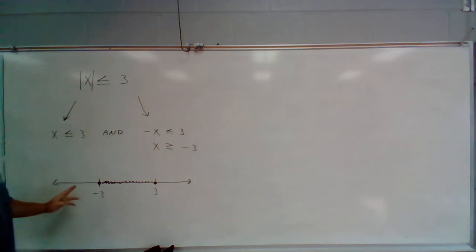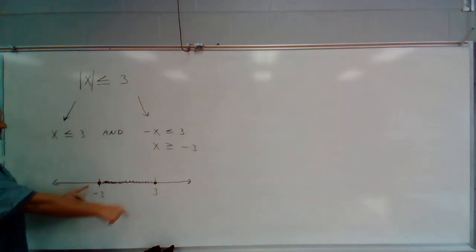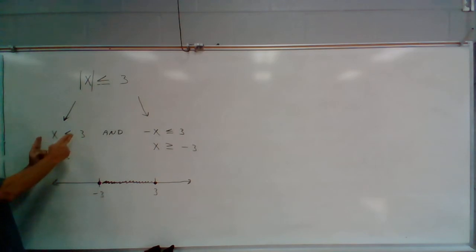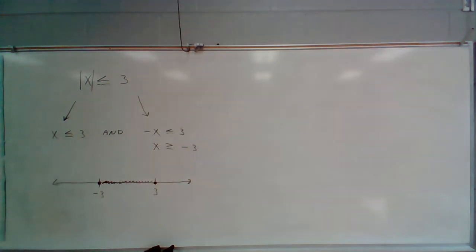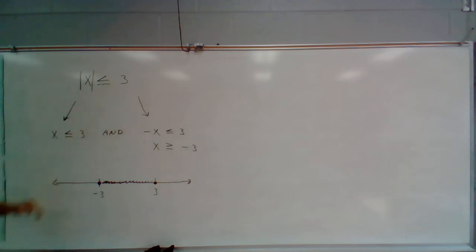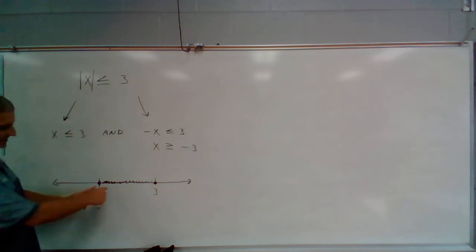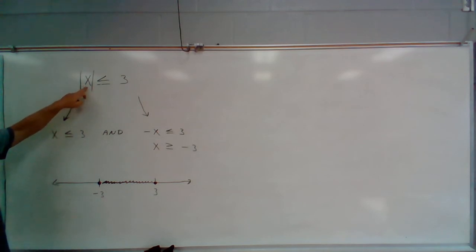Okay. So all the numbers in between negative 3 and 3, including negative 3 and 3, are both less than or equal to 3 and greater than or equal to negative 3. All right, so let's think about that with the original figure. If you picked any number in between here, say 0, the absolute value of 0 is 0, that's less than 3.